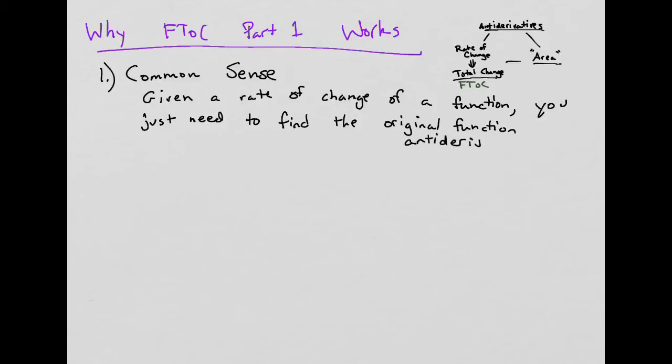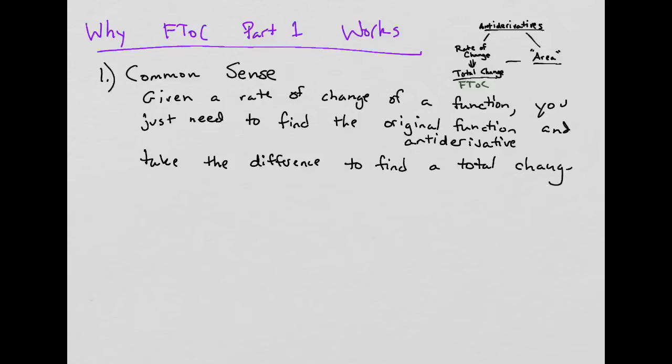So this is the antiderivative of your rate of change. And take the difference to find a total change. Okay, so that is why it makes sense. It's common sense. Maybe not common sense, but logical sense.